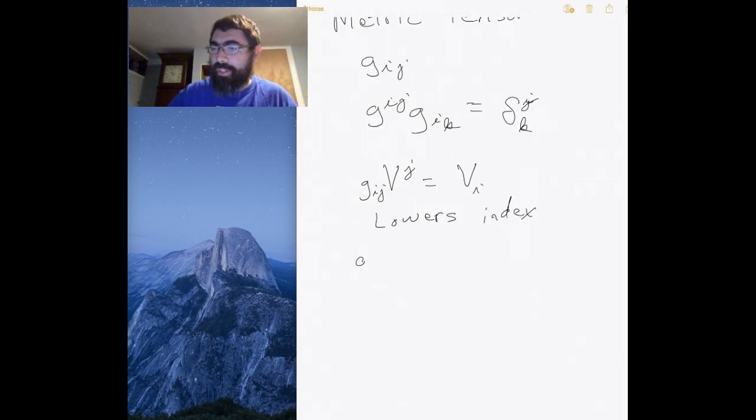If we take the metric tensor that's now with raised indices and we multiply it by a vector that's covariant, then what we should get is, actually I'll make this j, V with a raised index i. So this one now raises the index.